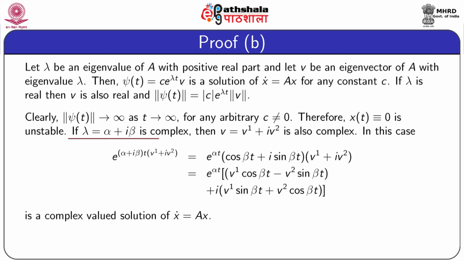And if lambda equal to alpha plus i beta is complex, let V equal to V1 plus i V2 also be complex.